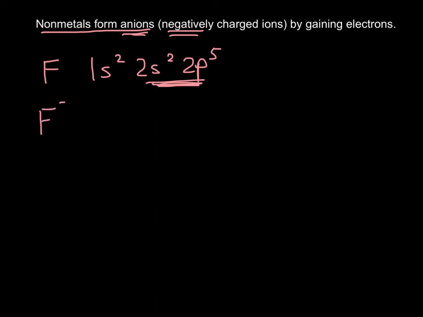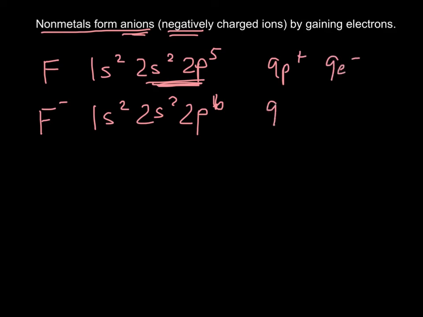So it forms F-, 1s2, 2s2, 2p6. Again, it's isoelectronic with neon. Fluorine has 9 protons and 9 electrons. Fluoride has 9 protons and 10 electrons. 1 extra electron, so 1-.